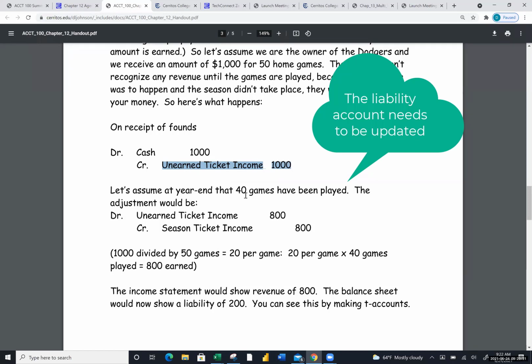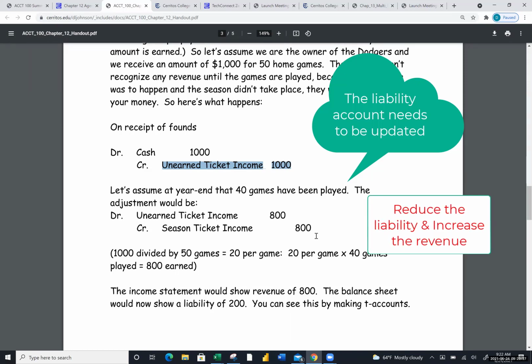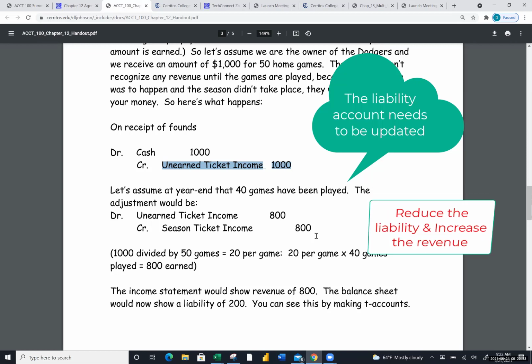We're moving the income that has been earned out of the liability and putting it into the revenue account. So any business that receives cash ahead of when it's earned is going to have this unearned adjustment. And we'll do several examples.